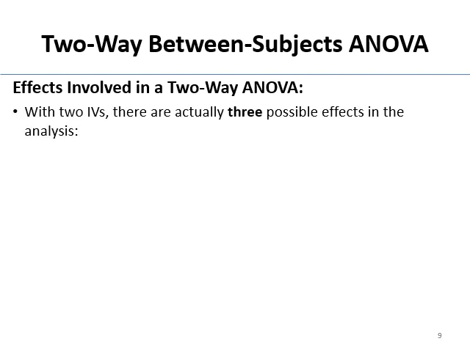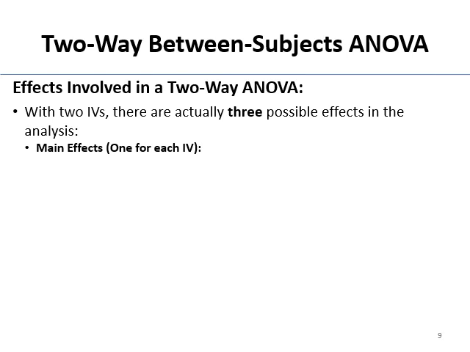All right, so the effects are a little different here, so let's just talk about them. With 2 IVs, there are actually 3 effects in the ANOVA. Back in the day, you just had the 1 IV effect, then error, and then the total. Now we got 2 IVs, so it turns out there are 3 effects plus the error plus the total, okay? So what are they? You get something called main effects, and main effects are the effect of an individual IV pretending the other one isn't even in the study.